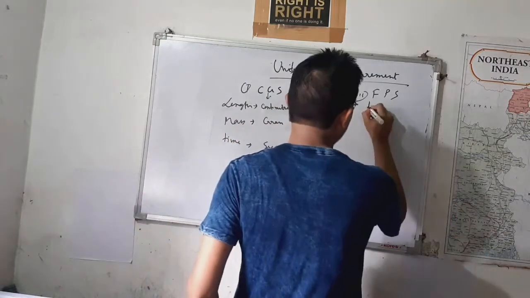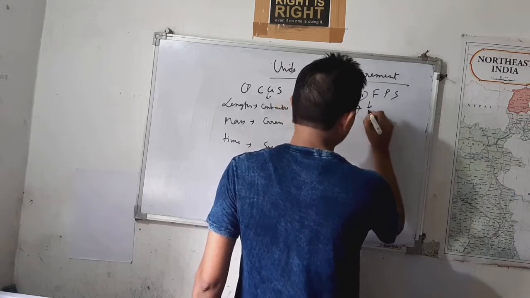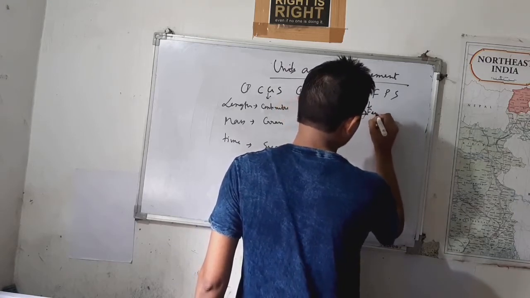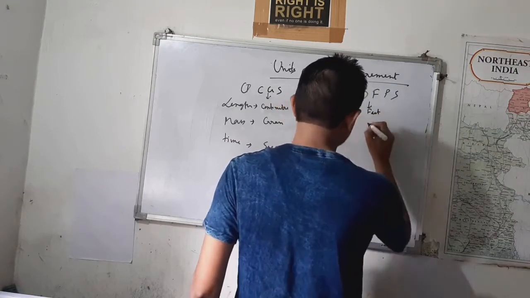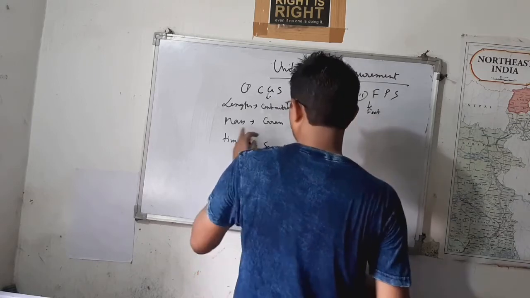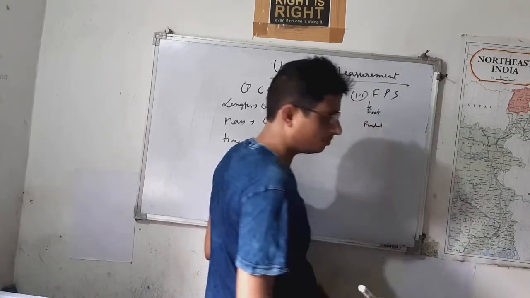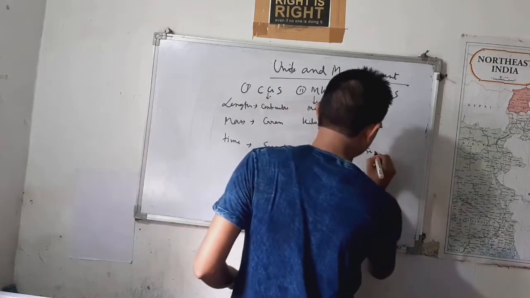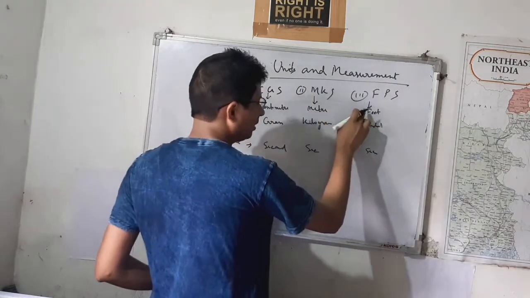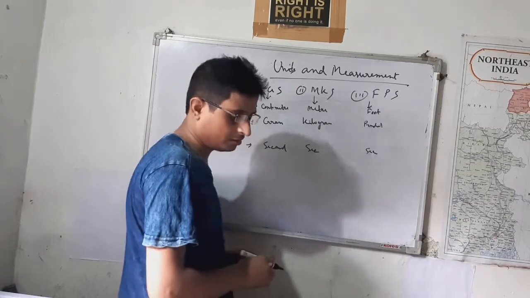In case of FPS, length is foot or feet, mass is pound, poundal, and time is second. So F from foot, P from poundal, S from second.